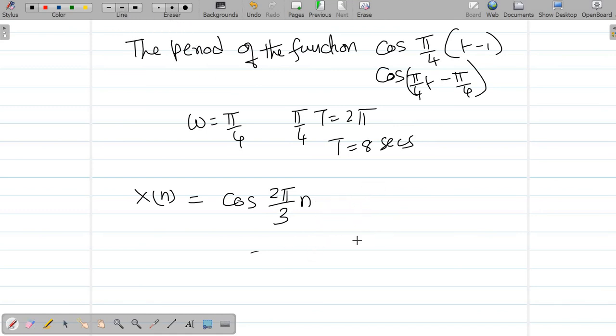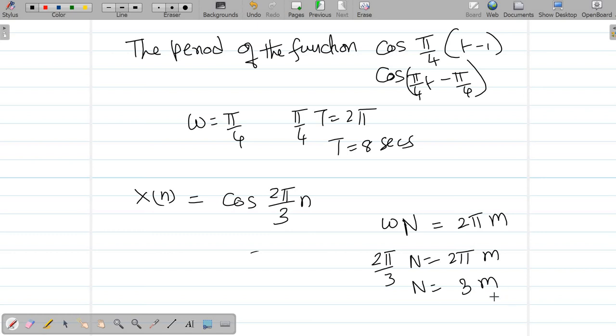For a discrete time case, the way we find the period is omega times N equals 2 pi times m, where N is the period of the signal. N and m should be integers, and N is the smallest positive integer for which this equation is satisfied. So we have 2 pi by 3 times N is equal to 2 pi m, so N equals 3m.